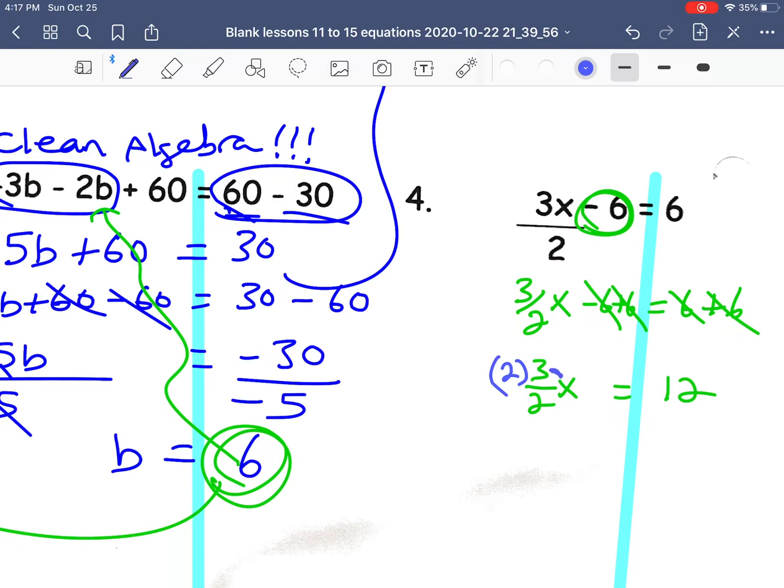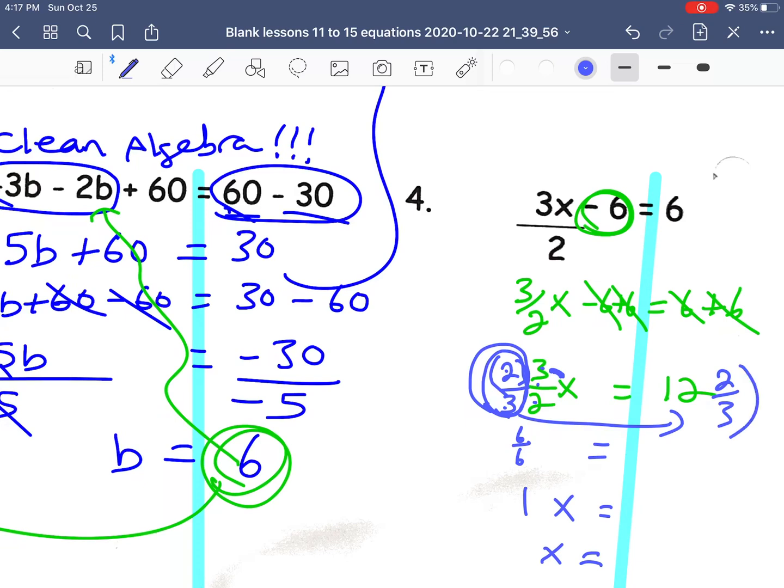The opposite of multiplying here by the 3, getting rid of it, is divide by 3. Look what happens. I flip the fraction over, and if I then proceed to say 2 times 3 is 6, 3 times 2 is 6, that really gives me a 1x, which is really x all the way at the end. So just take this fraction, other side, 2 over 3. So you're doing the reciprocal of that fraction. That's another way of doing it.